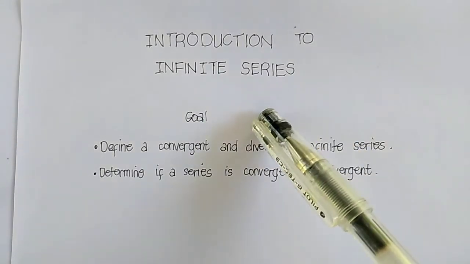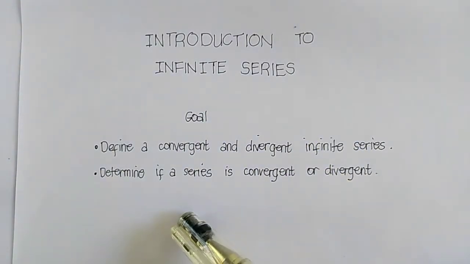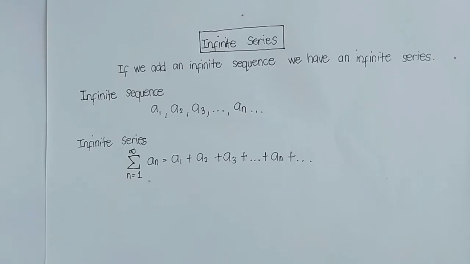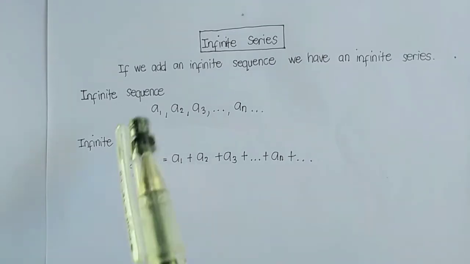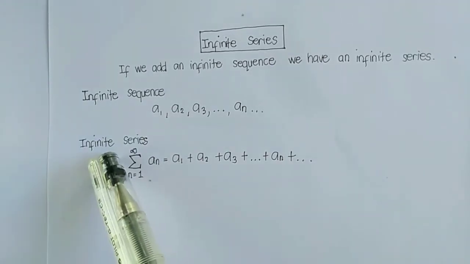Our goals are to define a convergent and divergent infinite series, as well as to determine if a series appears to be convergent or divergent. Since we've just finished studying infinite sequences, it's important that we are able to distinguish between an infinite sequence and an infinite series.